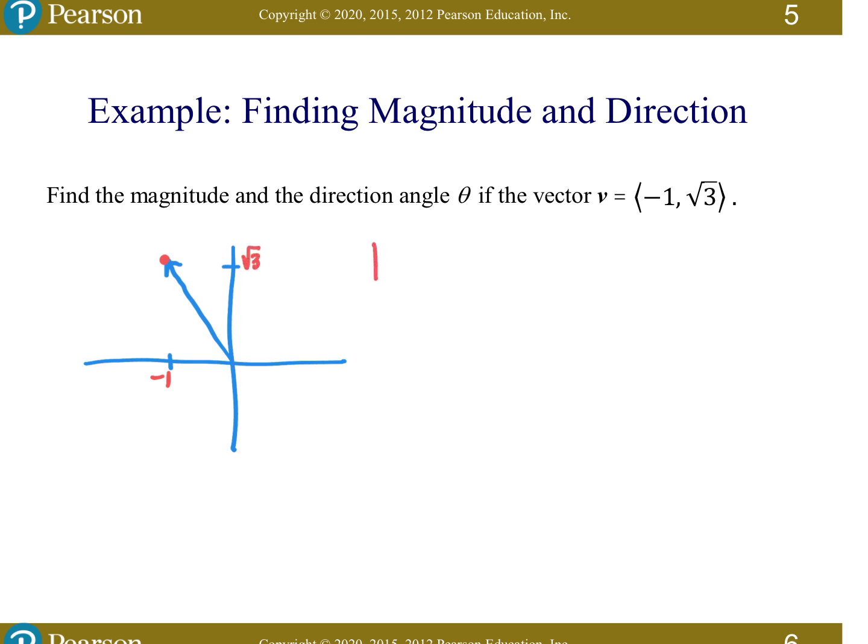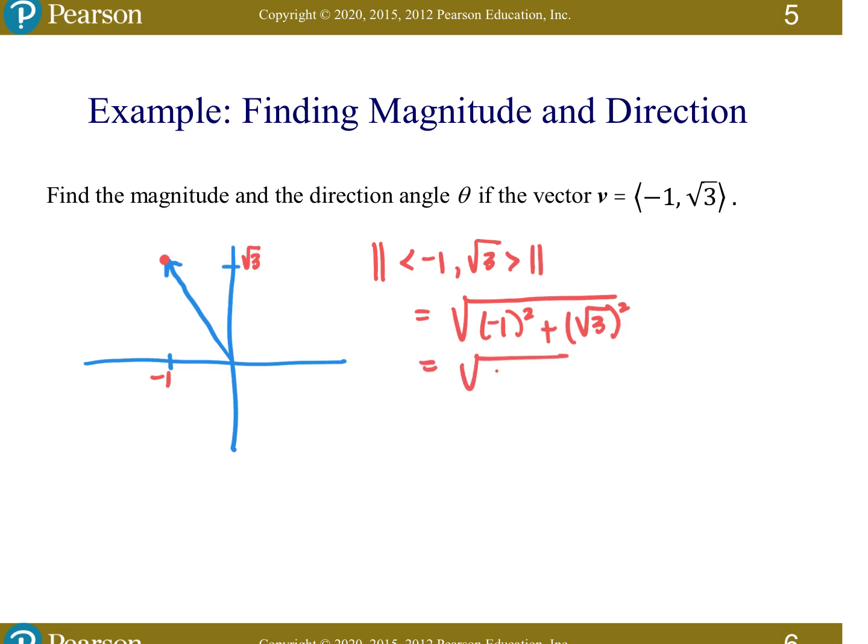The magnitude of the vector is pretty easy to calculate. That would be the square root of the component -1 squared plus the component radical 3 squared. So not too hard. 1 plus 3, so our magnitude is 2.